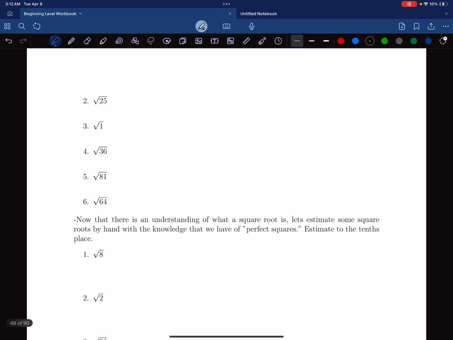Now looking at example 2, I encourage you to pause the video and try this on your own. And assuming you have worked through this, let's think about this together. Instead of saying equals, let's draw an arrow and say: what squared equals 25?